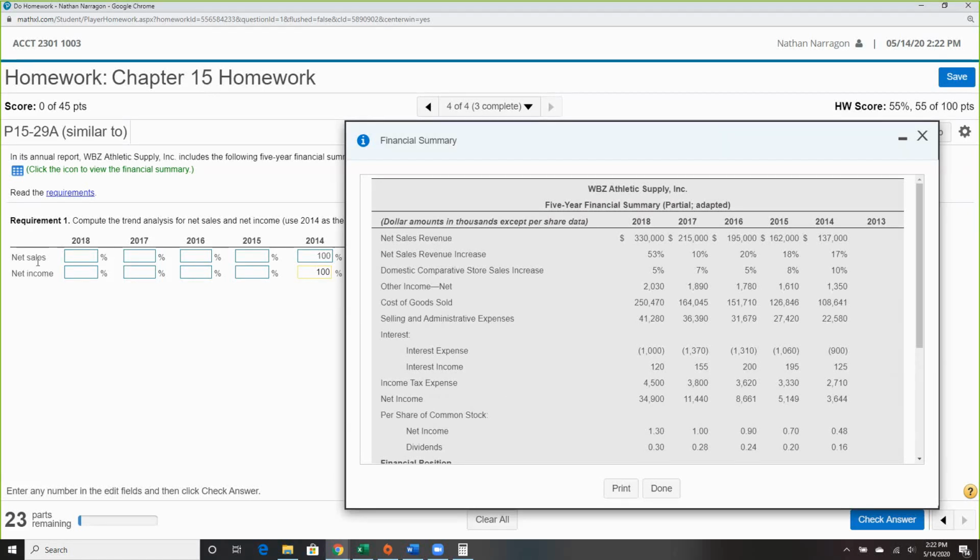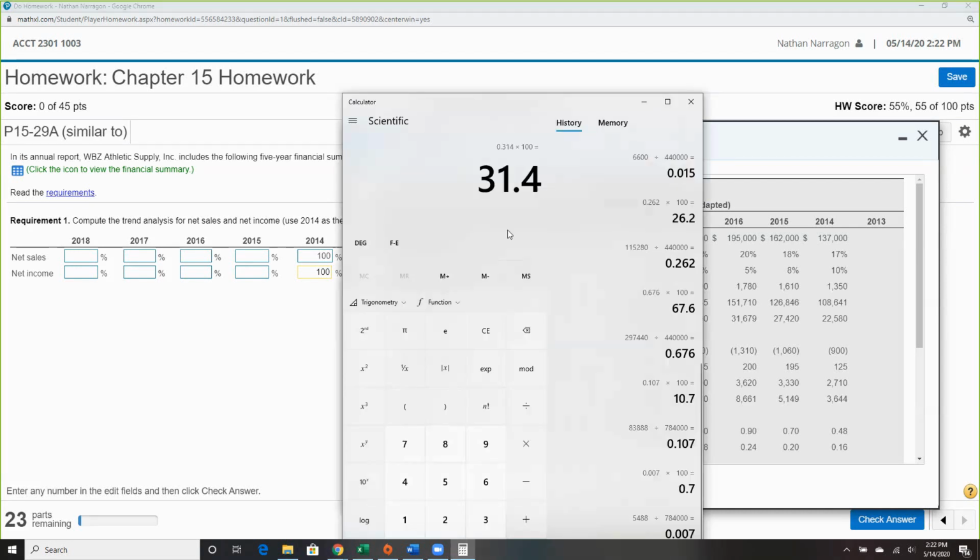First off, we'll look at net sales. So net sales revenue. I'm going to look at the increases, because my big concern is trend. So, calculate. But if it does match, then we know we're on the route, but we already know because our 2014 should be 100%.